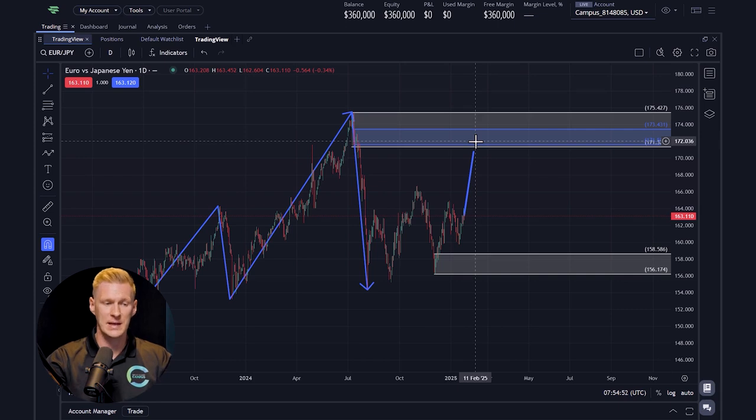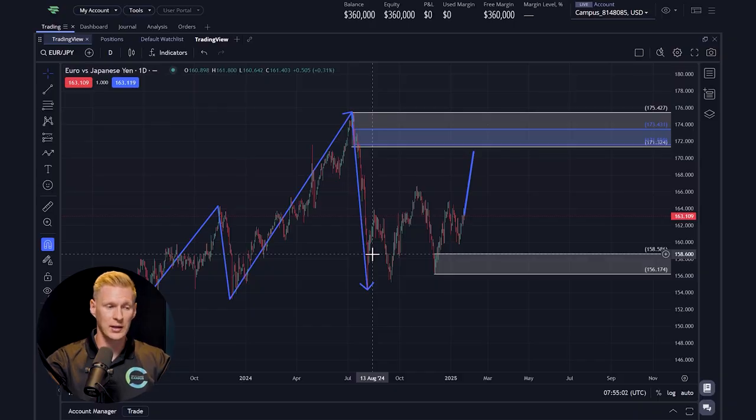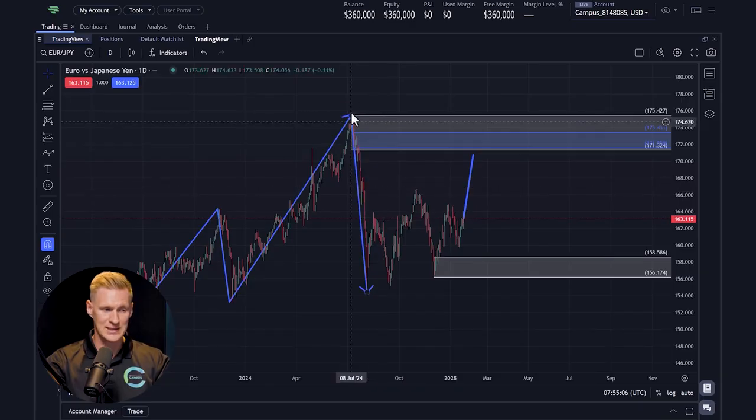Definitely not the best of the best. The reason is that from the higher high to the higher low, this movement is only the correction. That is not the impulse.